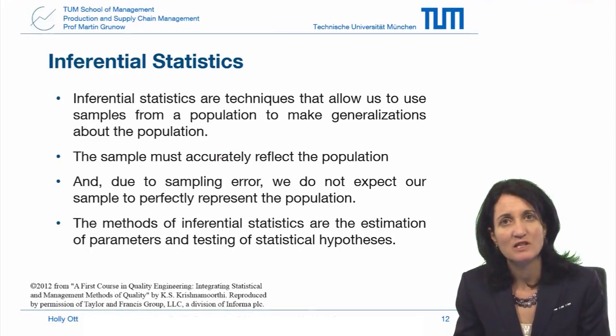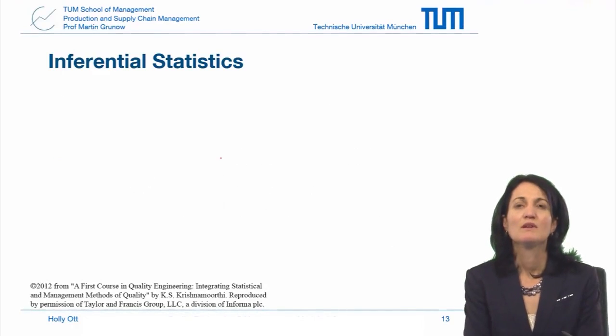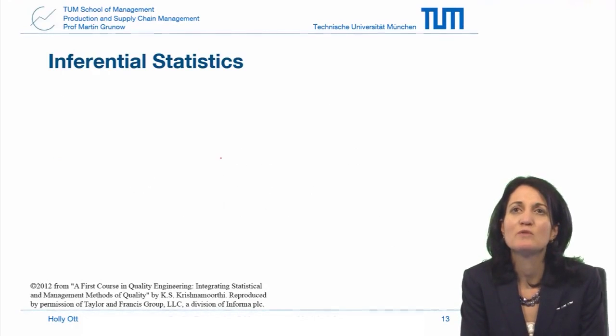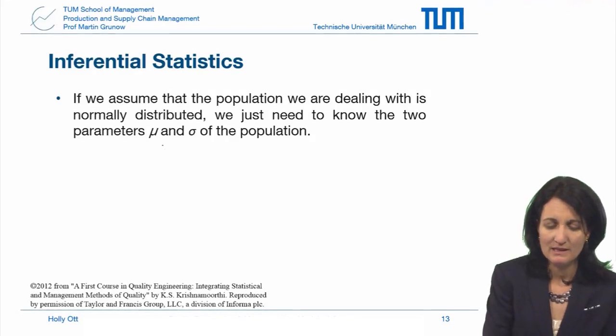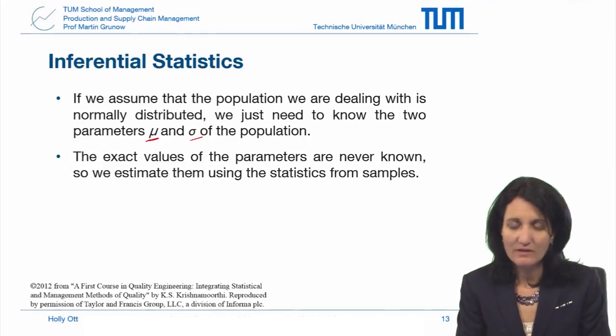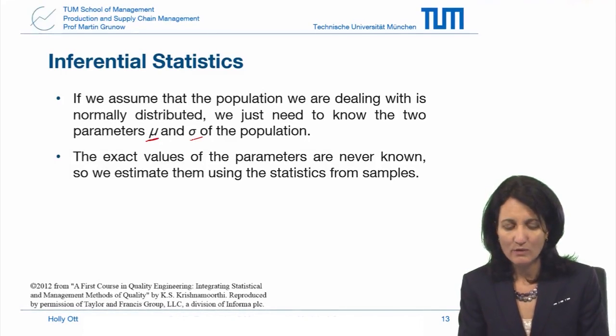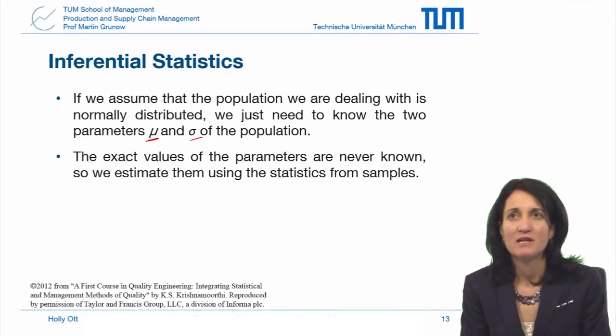But for this, and to finish the lecture today, we need to start with the concept of point estimation. So if we assume that the population we are dealing with is normally distributed, we just need to know the two parameters, mu and sigma of the population. Now the problem is the exact values, as we just said, are very difficult to know or are never known. And we need to estimate them using sample statistics from samples.